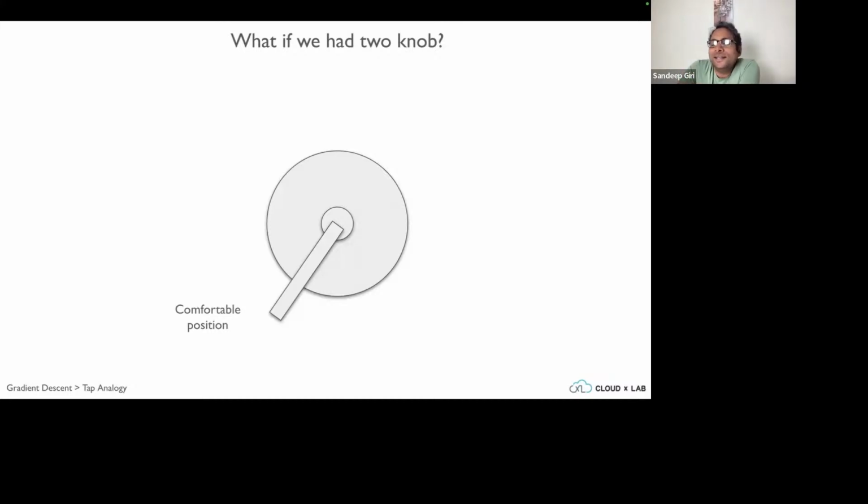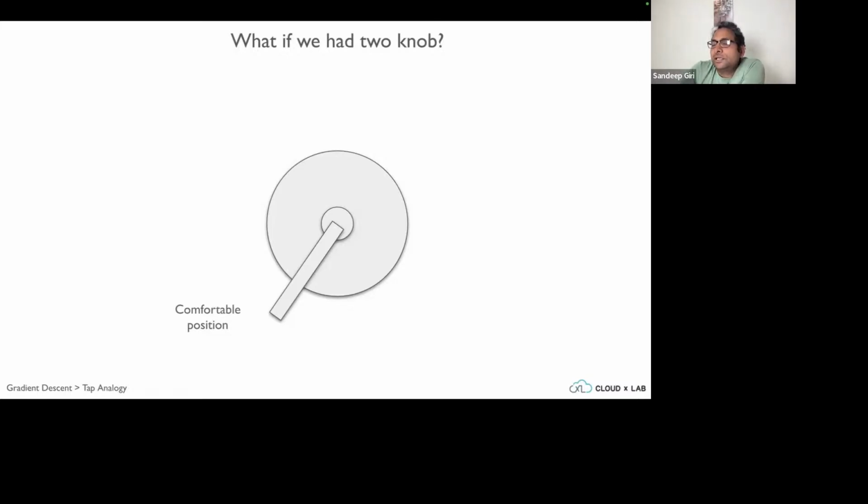And you call it your model. Next day, when you go to the bathroom to take a bath, you immediately twist the knob to the position you have marked and then start taking the bath. This is called the inference phase, or you can say putting the model in production, right? Because you already have the model in place, you only have to load it and run it.